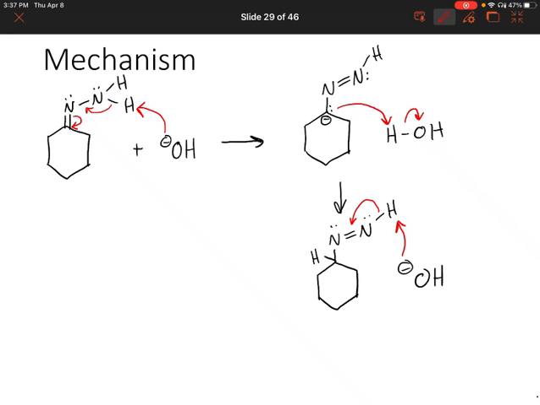And then the shared electrons between nitrogen and carbon, they're just going to go down to carbon. So kind of strange, but what we end up with is a negatively charged cyclohexane ring. We also have our nitrogen gas and water.